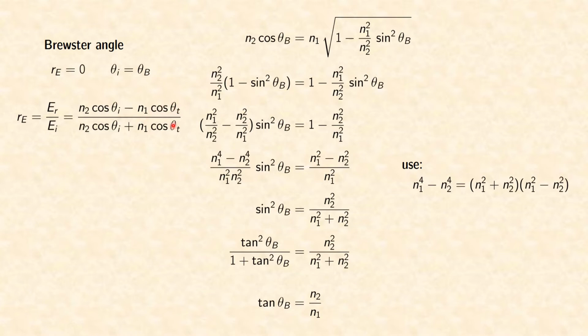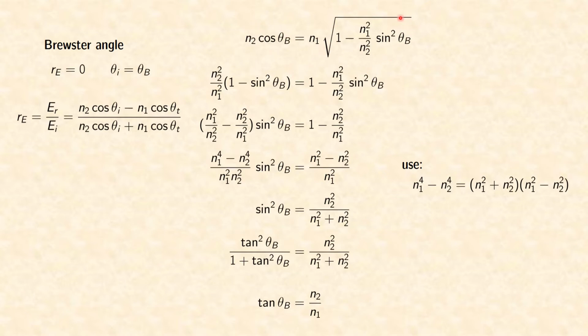Now we substitute cosine theta t by the respective square root expression, which we already derived, and then we end with this expression, and theta I is substituted by theta b, the Brewster angle.